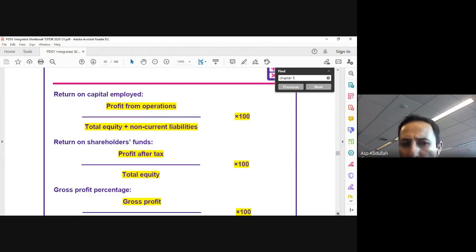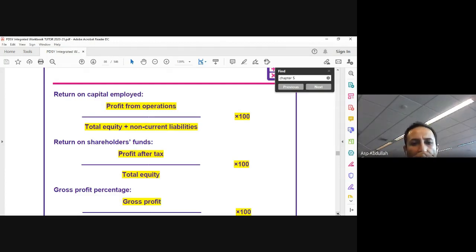For example, it asks what is the return on capital employed, and you need to find the profit from operations, the last figure from your statement of profit and loss, then the other two figures added together from the statement of financial position, total equity plus non-current liability, then times 100, because we will get it in percentage.